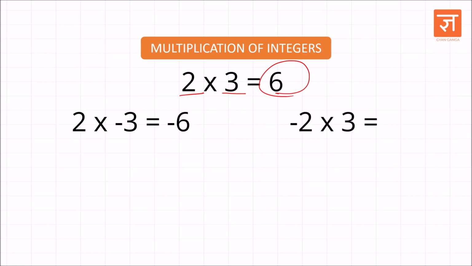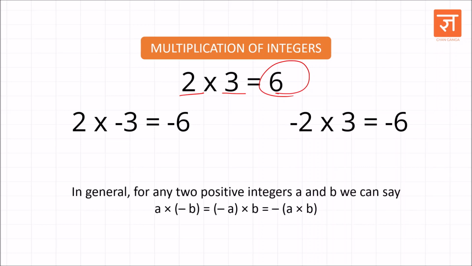So we can say that for any two integers, A into B, we get the direct result. If one has the negative sign, the result will always have the negative sign. Whichever is smaller or bigger does not matter here. If any of the integers is negative, then the result will also be negative.